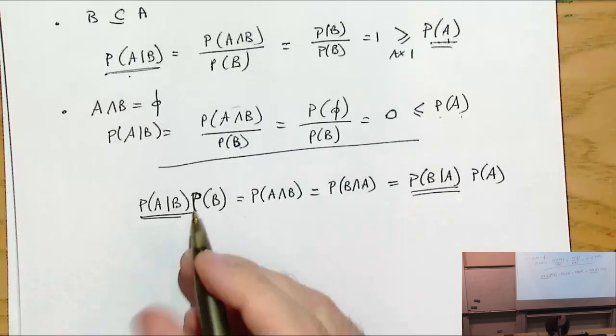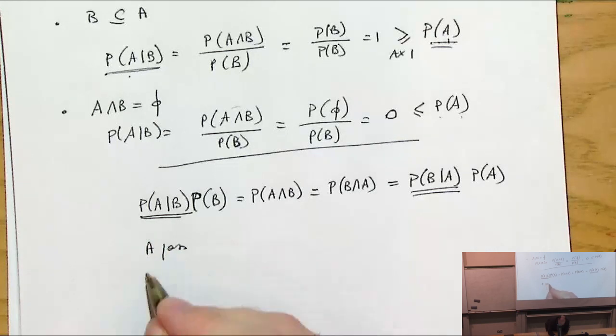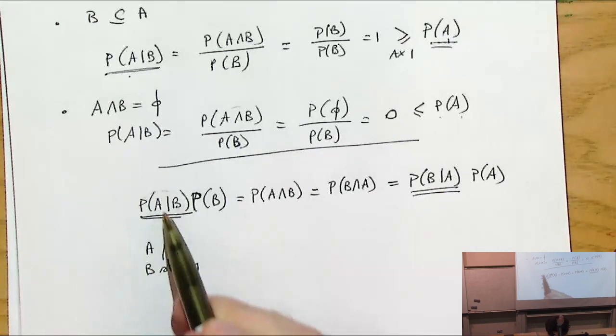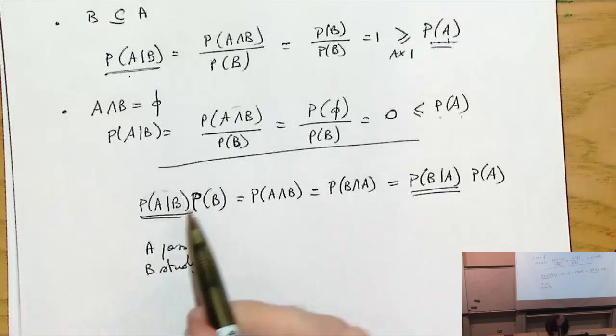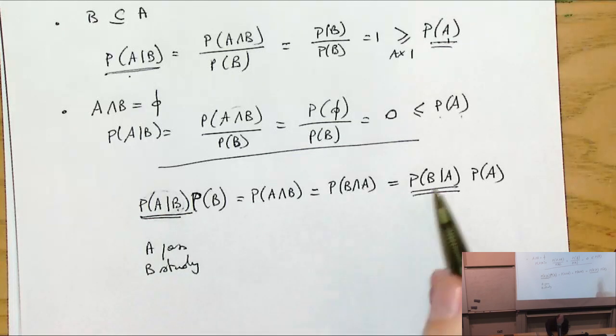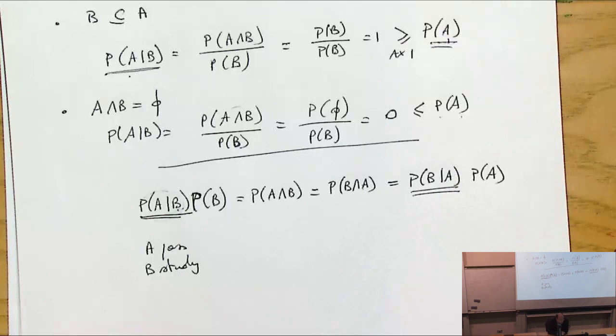So if you take again the examples of A is pass and B is study, this is what's the probability of passing an exam given that you studied. This is actually the probability that you studied given that you passed the exam, right? Those two probabilities can be different.